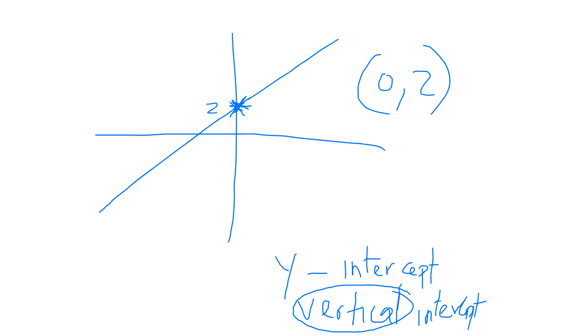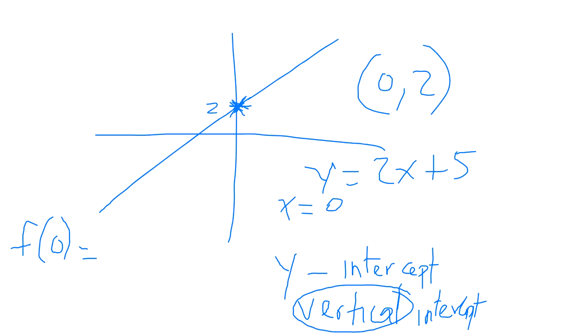So if you have an equation of a line like this, y equals 2x plus 5, and you are supposed to find the y-intercept or write the ordered pair for the y-intercept, you know that your x is 0. To calculate the y value, I put in 0 wherever I see x, so y equals 2 times 0 plus 5.